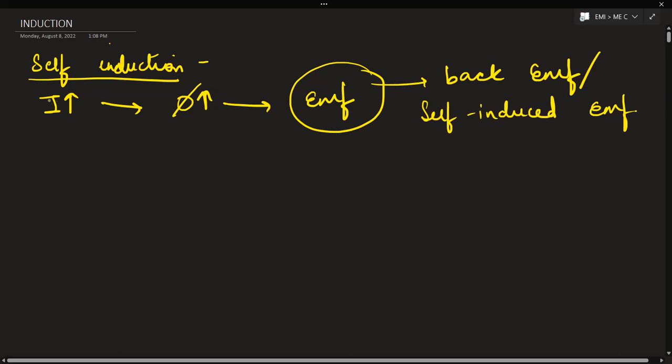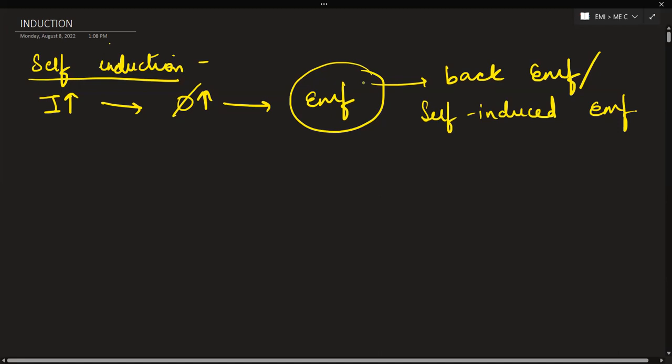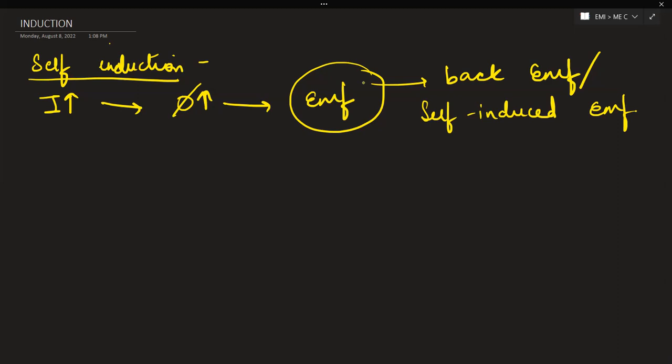This phenomenon is known as self-induction, because in the same coil only, current is changing, flux is changing, and EMF is getting induced. No other coil is required. In mutual induction, you will see the presence of more than a single coil. In this, a single coil is there, current is changing, flux is changing, and there is generation of EMF.